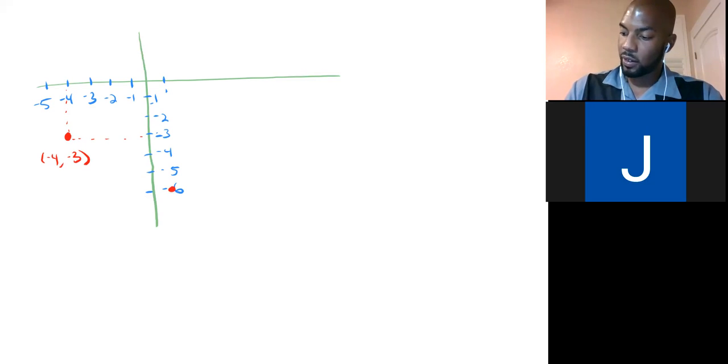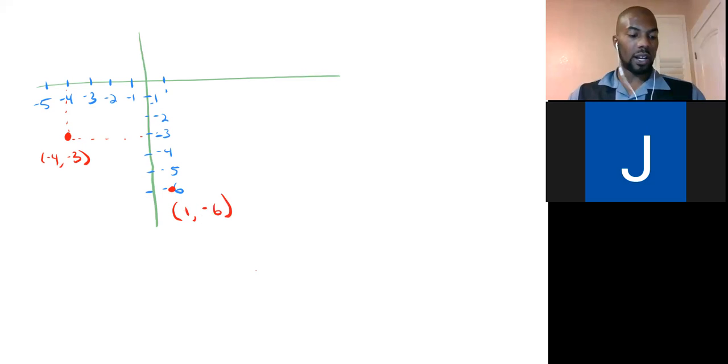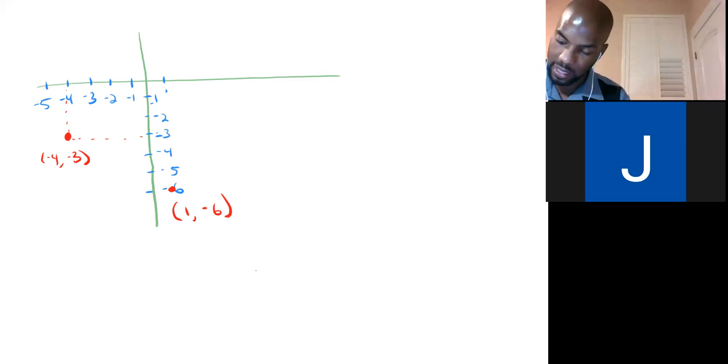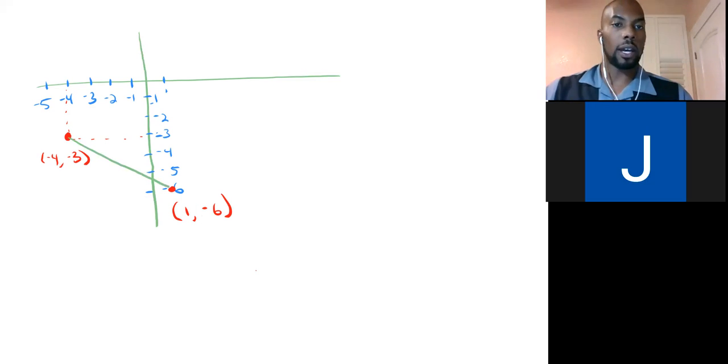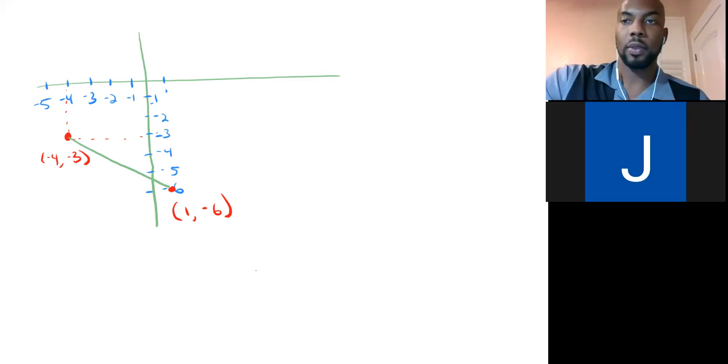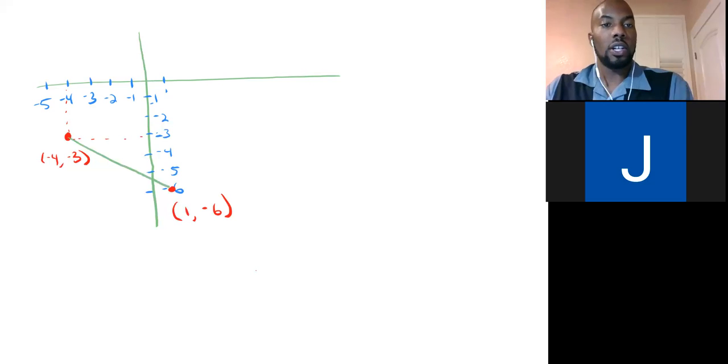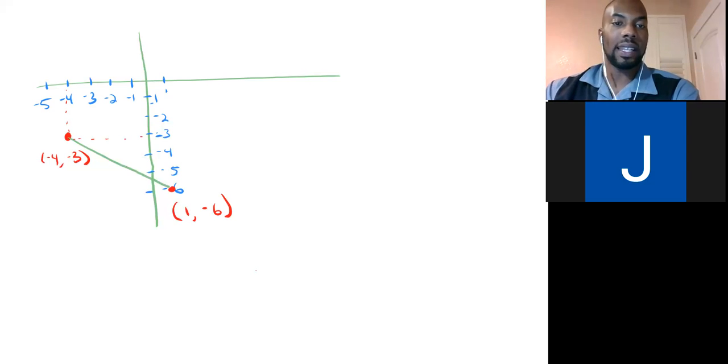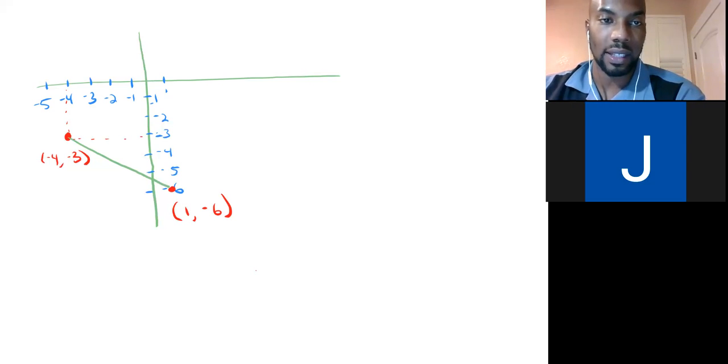That's +1, sorry. 1, -6. And I'm trying to figure out what the distance is between these 2 points. Okay? So the first point is -4, -3, and the second point is 1, -6.